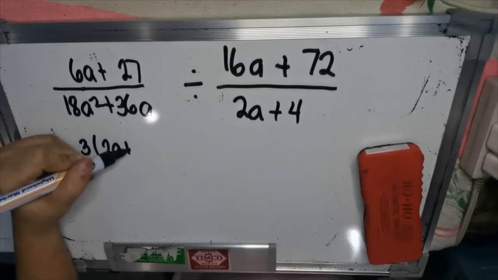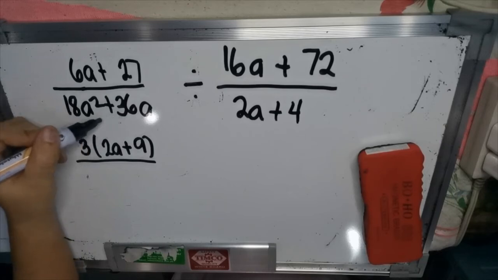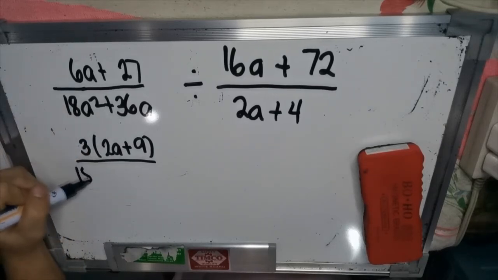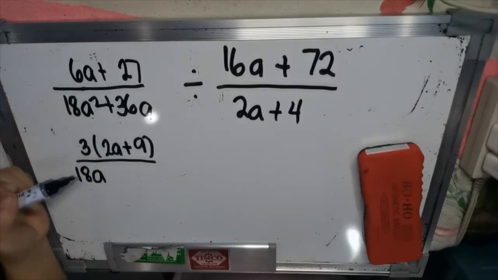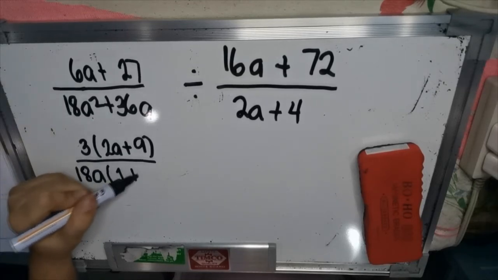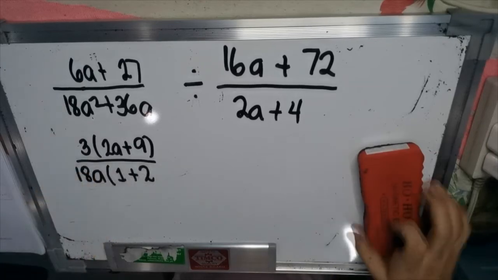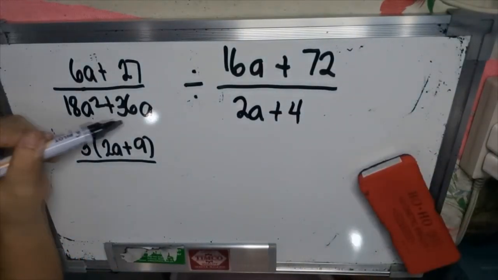We have here 2a plus 9, tama? Dito, labas natin sino? 18a, tama? 18a. Since parehas may 18a yung dalawa, labas na natin. So, matitira sa loob, 1 plus 2, so i-factor na natin itong denominator.